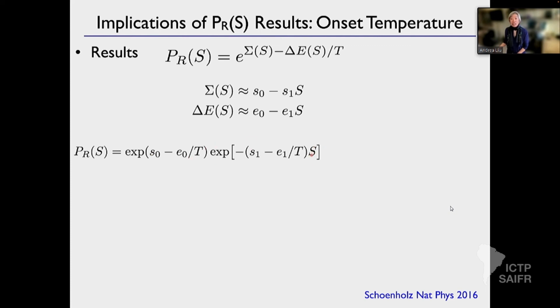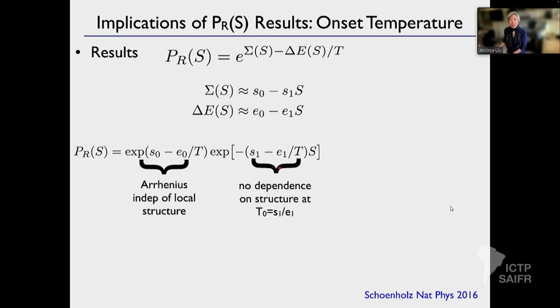This depends on structure, with this coefficient, where these are the coefficients here. This is independent of local structure. This depends on local structure, but at one special temperature, where S1 over E1 is equal to T, this coefficient is 0, and the probability of rearranging is independent of structure at that one special temperature.